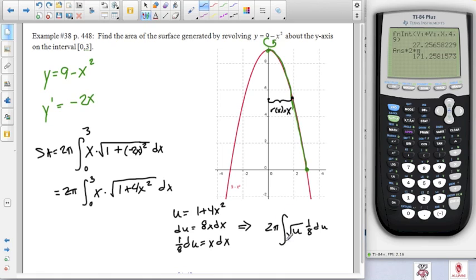And of course there are new limits here. I wasn't going to go into what those limits are, but actually I guess I will. With x equal to 0, u would be equal to 1, and with x equal to 3, u would be 3 squared is 9, 36 looks like 37.